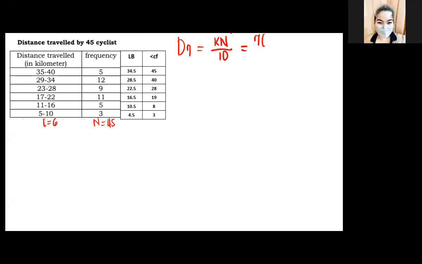I is 6. So, 7 times 45 divided by 10. So, ano yung magiging answer ko dito? 31.5. That is 31.5, correct.